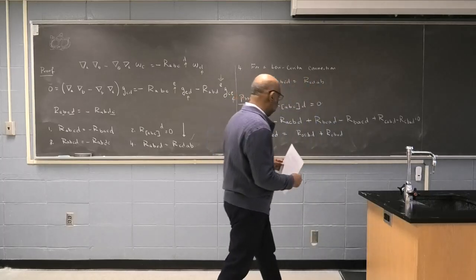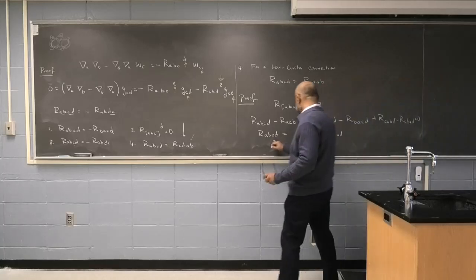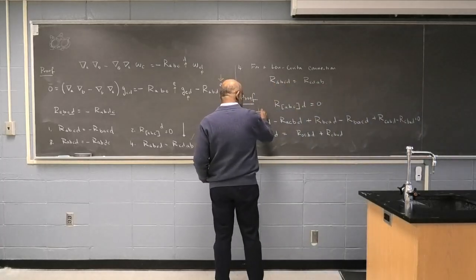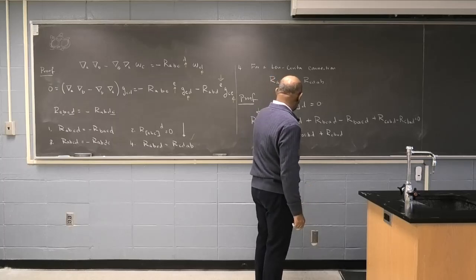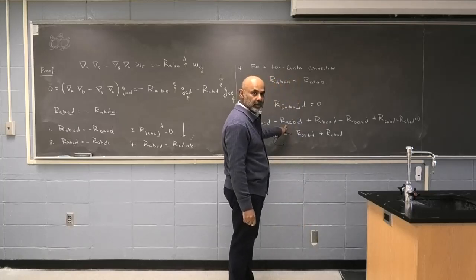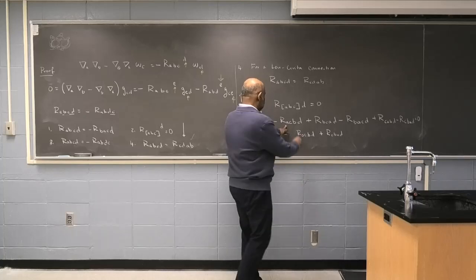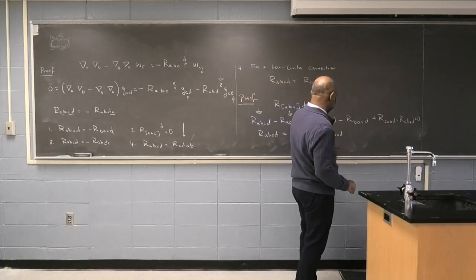So how did that come about? This term is this term. What about this one? This one is brought to the other side. Right? So this one is accounted for. What about this one?